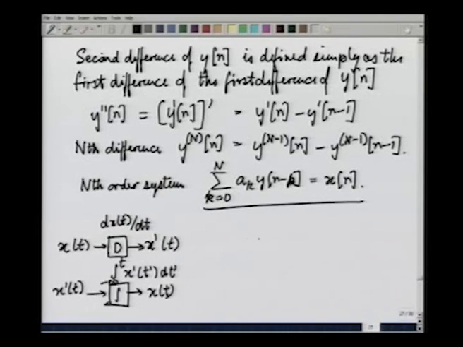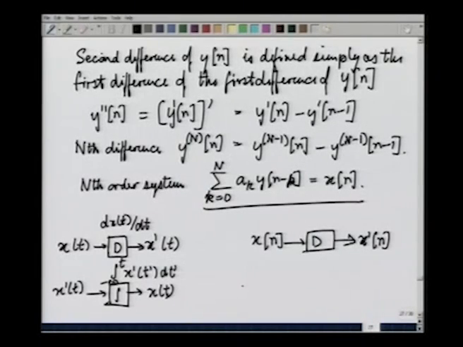In the discrete case, you have x n and you apply the first difference, which we again denote by a block with d written inside, to get x dash n.